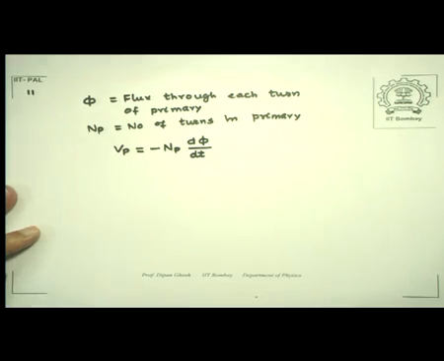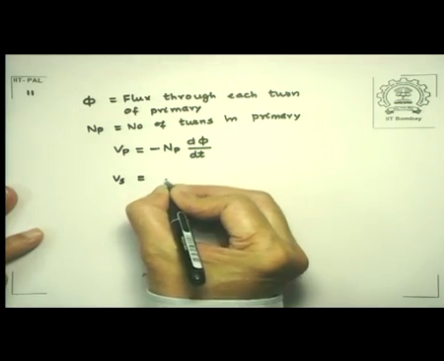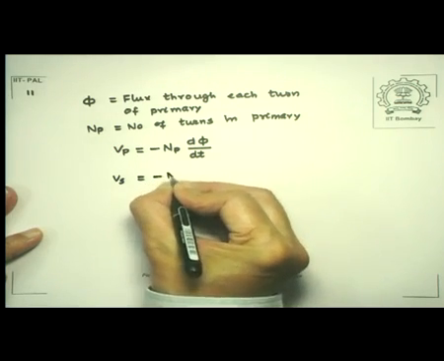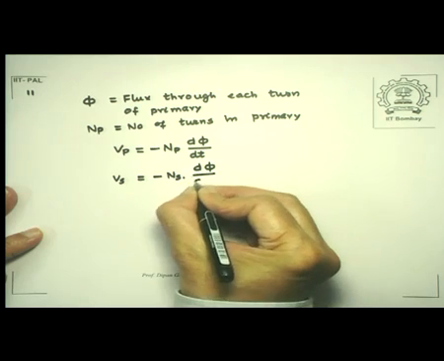Now if I assume that the flux linkage is tight, that there is no leakage of flux, which is again a slightly unphysical assumption, then the same flux is linked with each turn of the secondary circuit. So therefore, my Vs is, if Ns is the number of turns in the secondary, minus Ns d phi by dt, because it is the same flux which is being linked.